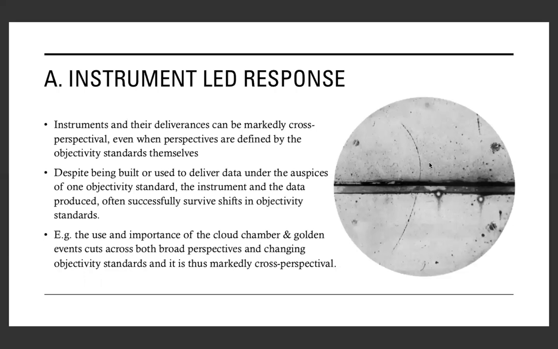I think that was 1912 or 1913, and I don't have a picture of it, but it looked to some extent like the positron picture here, and that gave rise to a whole tradition of what are called golden events, which stand for the recording of subatomic phenomena by photographic images to a large extent.